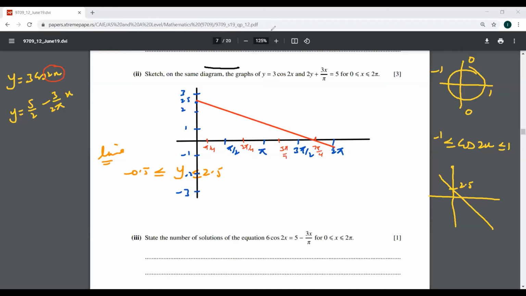And the graph of this cos always takes off from the maximum value. So we have the maximum at 3, then you have minimum, x's, maximum, x's, minimum, x's, and then you have maximum over here. So this curve should look like this.